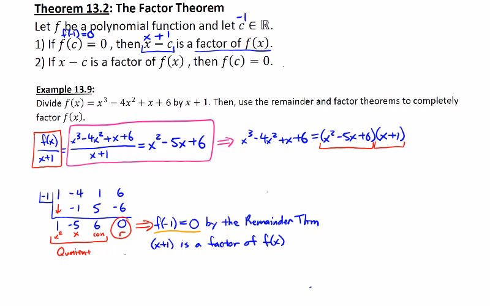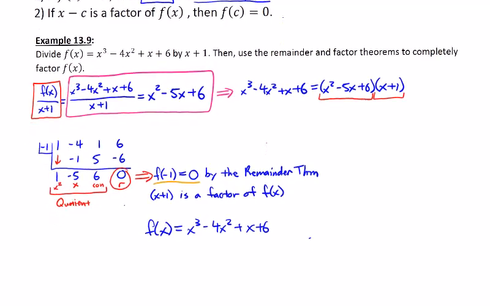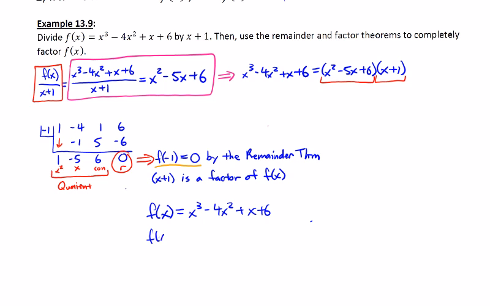It says that we're supposed to use it to help completely factor, not just find one factor, but get all of the factors. So what this is saying is that f of x, which is x cubed minus 4x squared plus x plus 6, is now equivalent to x plus 1 times x squared minus 5x plus 6.